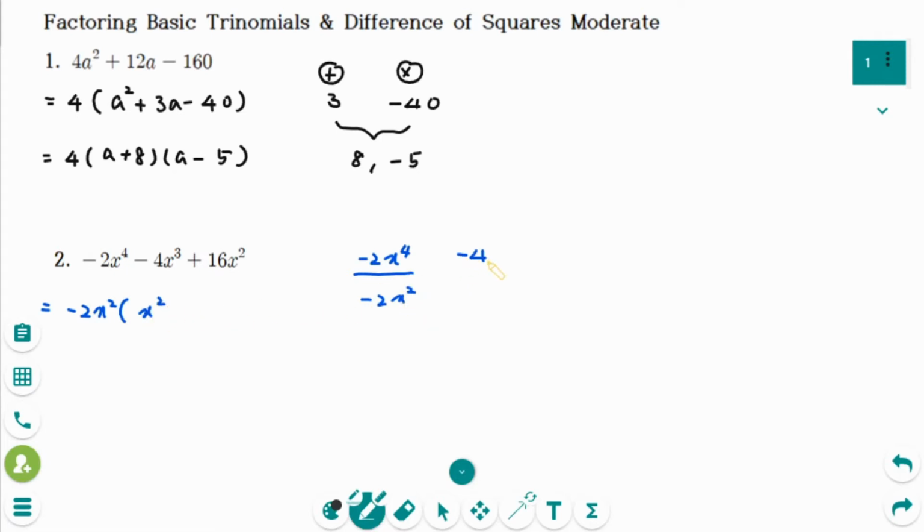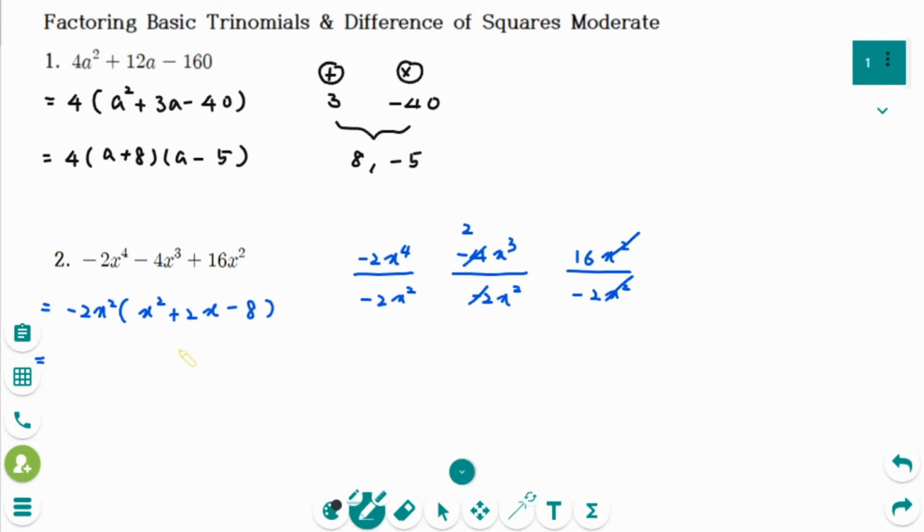And then minus 4x cubed divided by minus 2x squared is plus 2x. And then 16x squared divided by minus 2x squared, the x squared cancels out. Then only left is minus 8.